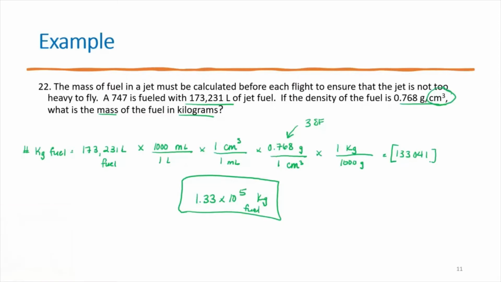And again, you should always check, make sure units are canceling. Liters to liters, mils to mils, centimeter cubed, and grams to grams, leaving me kilograms. I recommend making sure units cancel until you guys are very comfortable. And even then, sometimes it's good to check, because sometimes you'll just put things on the wrong side of the equation. You'll put it in the numerator, it should be the denominator, etc. and it can kind of throw off your entire calculation. So you should always check that your units have canceled.